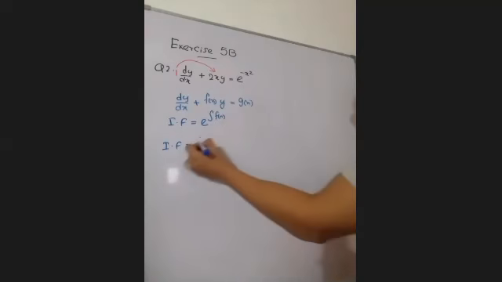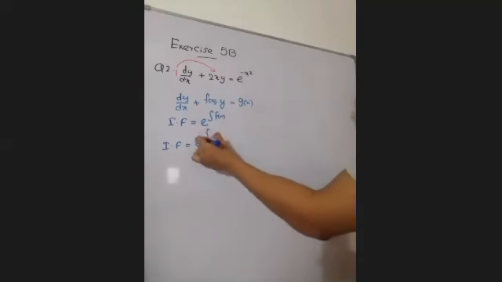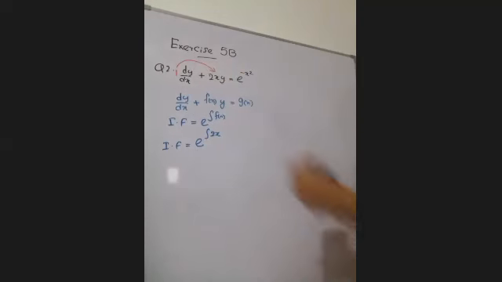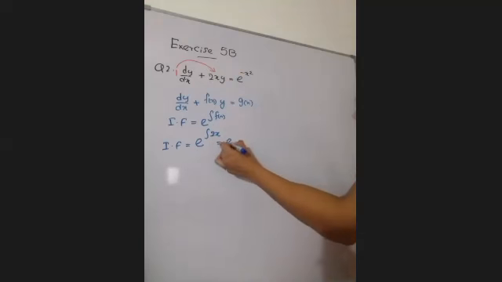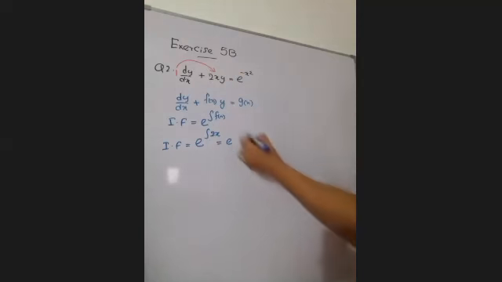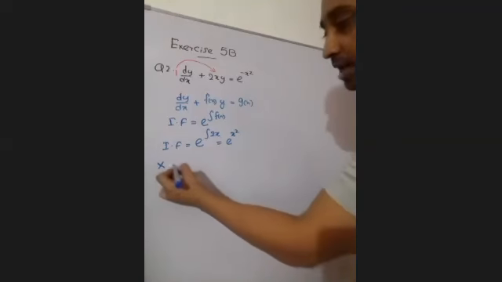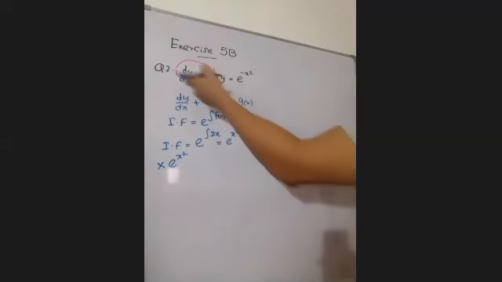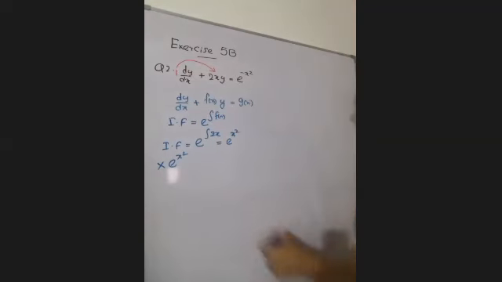The integrating factor is e to the power of the integration of, if you isolate y, the rest of the term, which is 2x. Then you get the integrating factor as e to the power of the integration of 2x, which is x squared. Then multiply this entire expression by this integrating factor. The entire expression should be multiplied by the integrating factor.